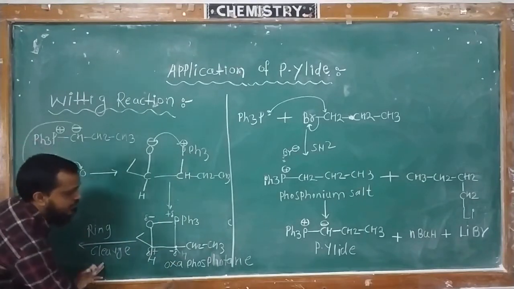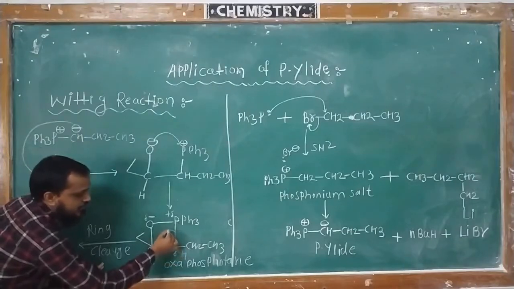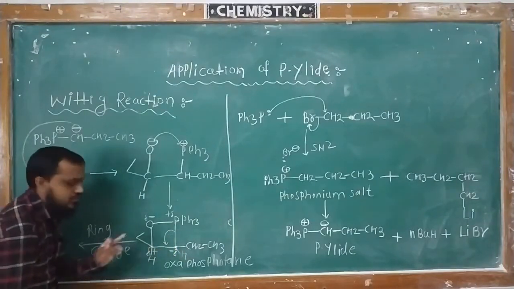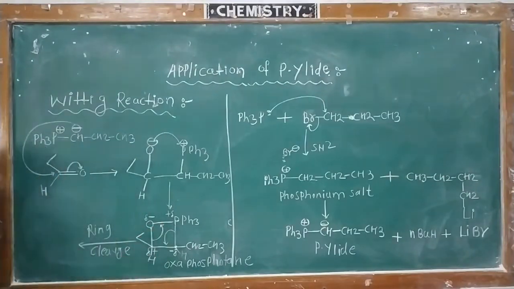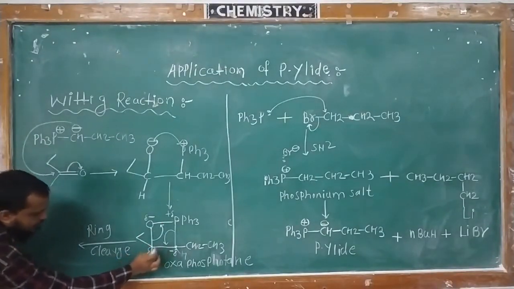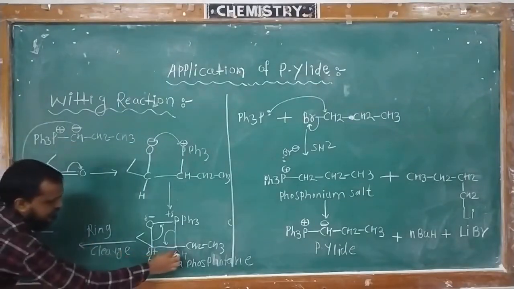So what will happen here? The bond between phosphorus and carbon shifts toward the carbon, and the bond between carbon and oxygen shifts toward the oxygen, and we will get our final product like that. Look here, this is a carbon, and this is another carbon.